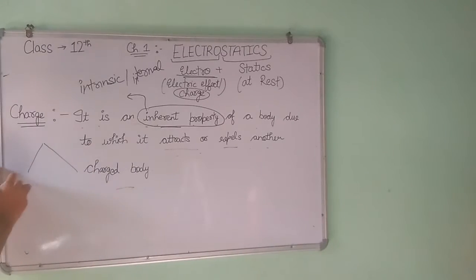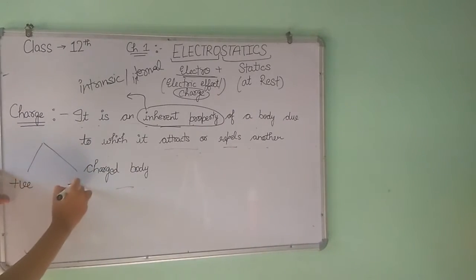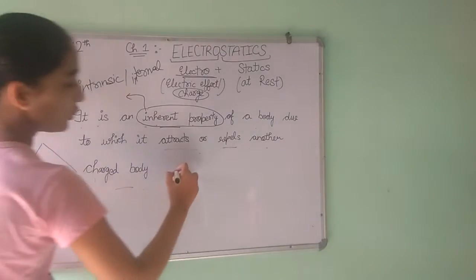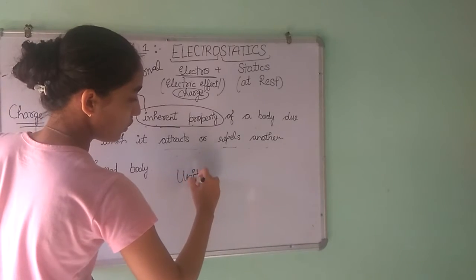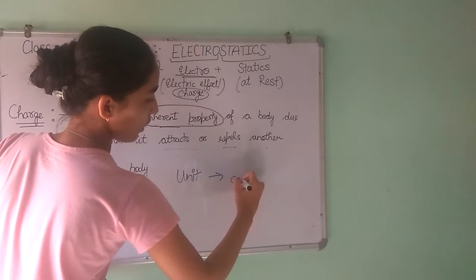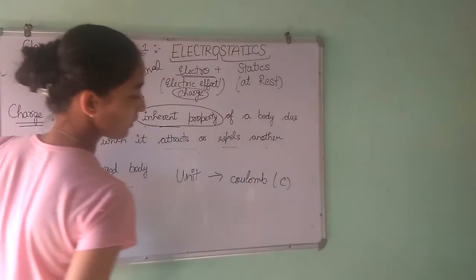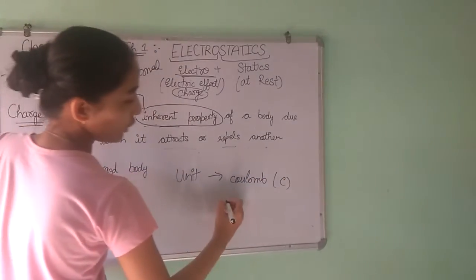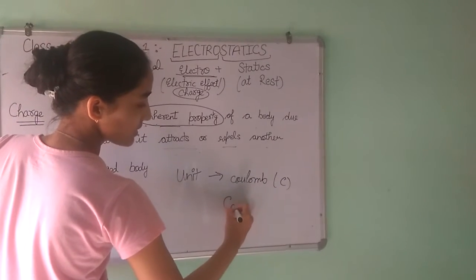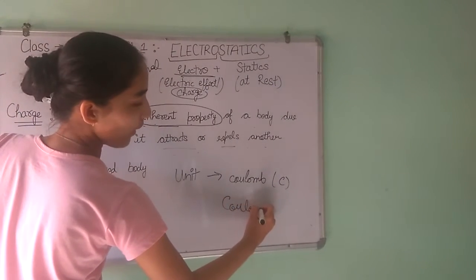Now charges are of two types, positive charge and negative charge. The unit of charge, as you all know, is coulomb, C. Keep in mind that you do not have to write C-U-L-O-M-B like this.